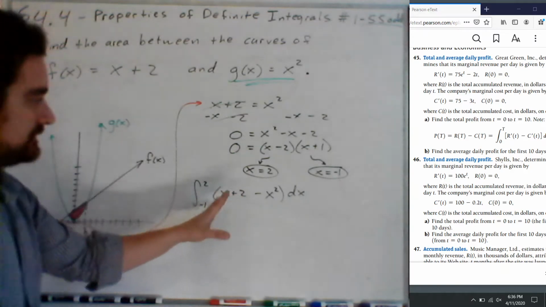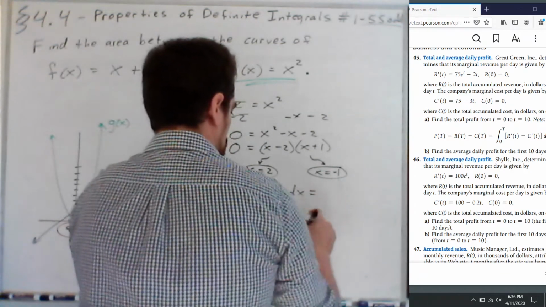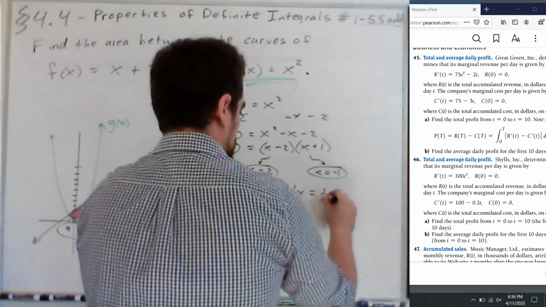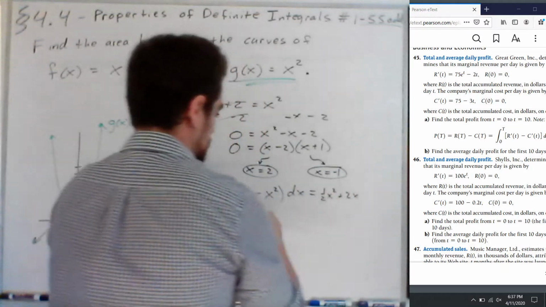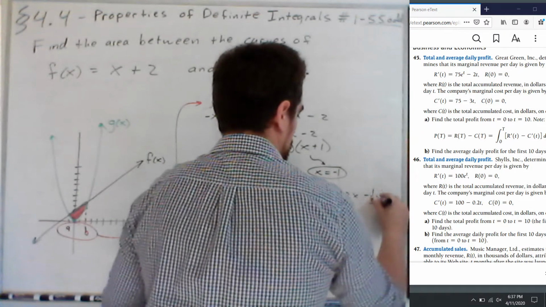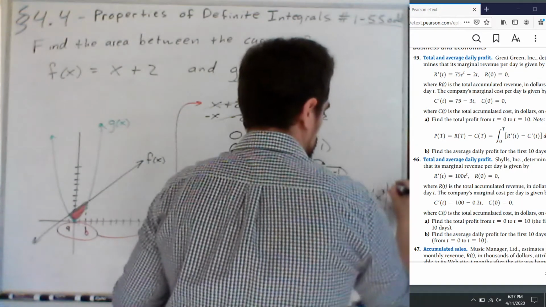I want to subtract x squared. So now we've got this, and we need to integrate this. Right, we need to find an antiderivative, which in our case is going to be 1/2 x squared plus 2x minus 1/3 x cubed. And we need to evaluate that from negative 1 to 2.